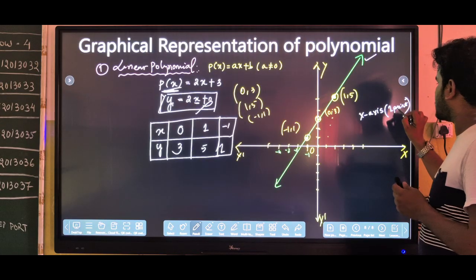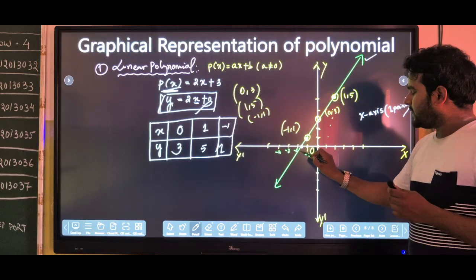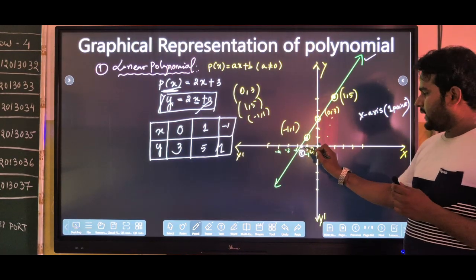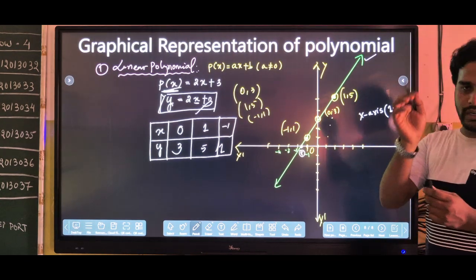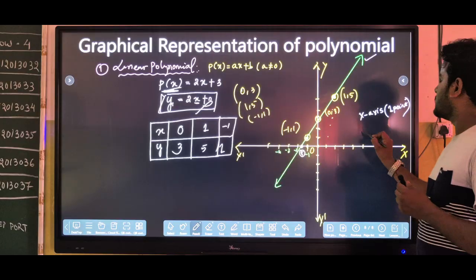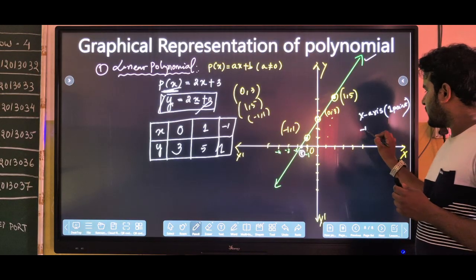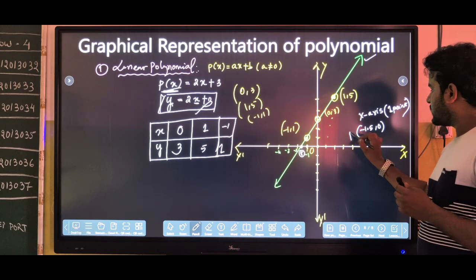Let this point be P. On the graph paper, you will see it is the point in between minus 1 and minus 2, the midpoint of minus 1 and minus 2. So that coordinate becomes minus 1.5, 0. This becomes the coordinate of P.